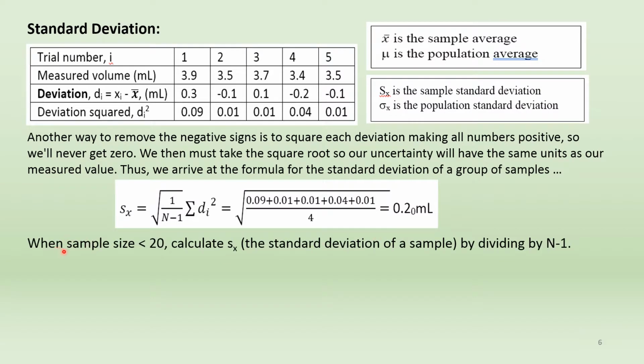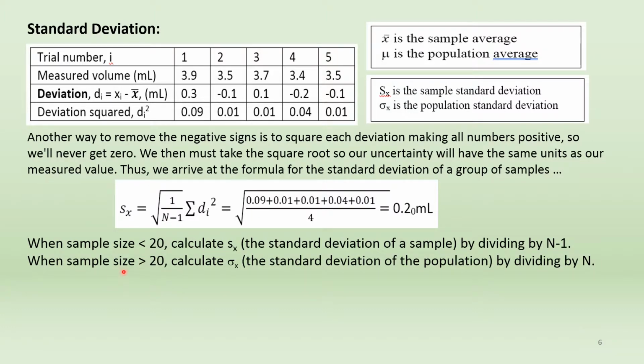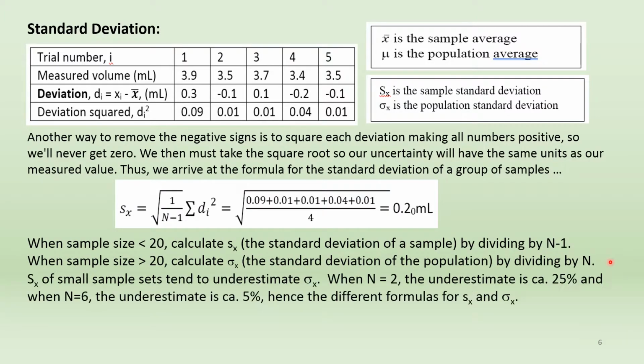Now, when the sample size is less than 20, the sample standard deviation is calculated by dividing by n minus 1. And when the sample size is large, greater than 20, then the standard deviation of the population, sigma x, is calculated by dividing by n. So why the difference?